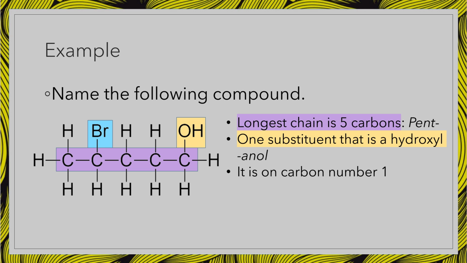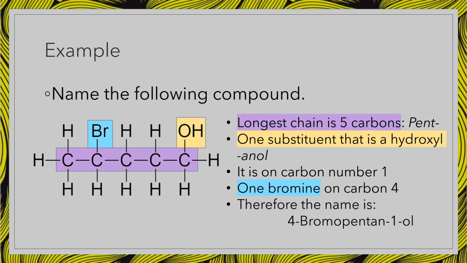Regardless of where our OH is, it's going to be numbered the lowest. So it's on number 1, which means we have a bromine that's on carbon number 4. So how do we put it together? Well, we number the bromine as 4, so it'll be 4-bromo pentane 1-ol. 4-bromopentane 1-ol. Okay.